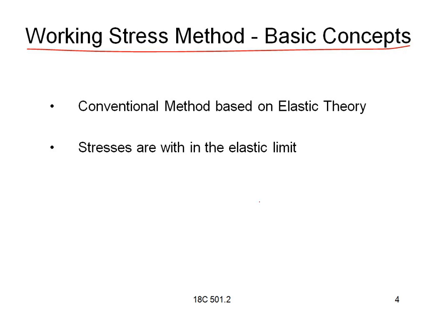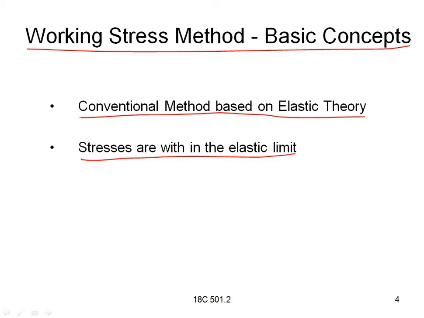So let us see the working stress method and its basic concepts. The first one is a conventional method based on elastic theory. The next is that stresses are within the elastic limit.